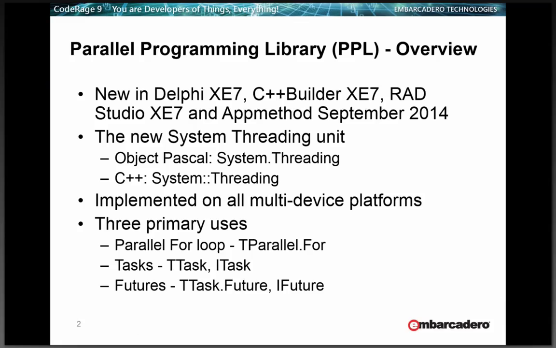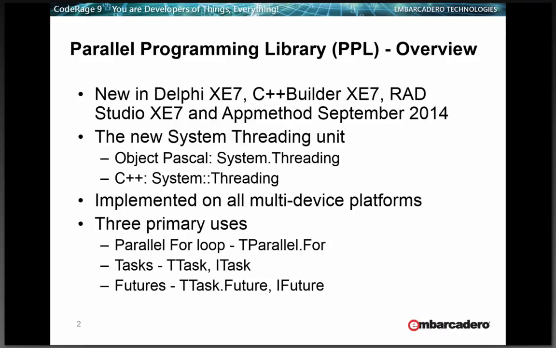The new parallel programming library is based on a history of parallel computing. In particular, some work that has been done at Intel, at Apple, at Microsoft, at MIT, and others to create a new library called system threading. It's in the system threading namespace for C++. There's a header file with the interfaces and the source code.